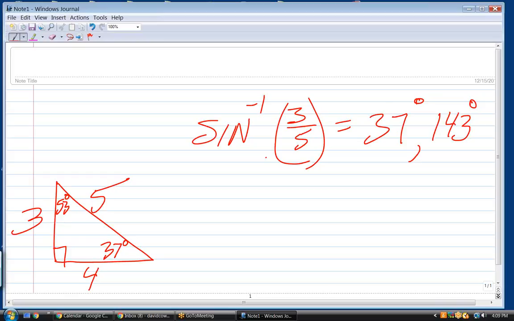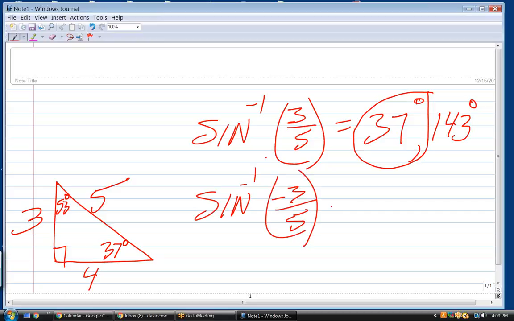In other words, it only gives you the first quadrant angle. It does not give you the second quadrant answer. And if I had the inverse sine of negative 3/5, it's going to give you the fourth quadrant answer, not the third quadrant, even though the third quadrant is just as valid as the fourth. Your calculator doesn't show it to you.